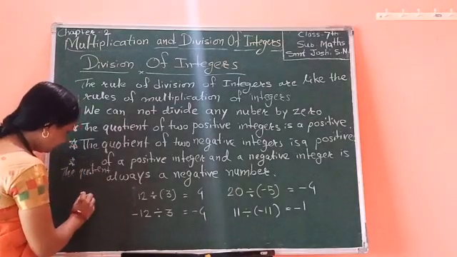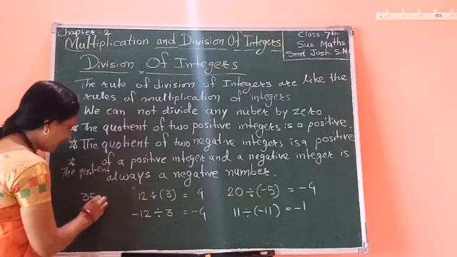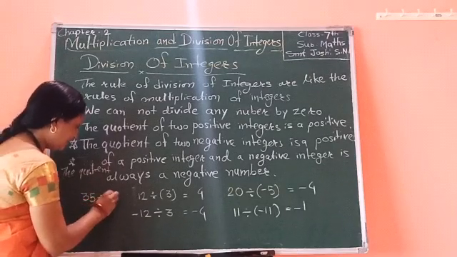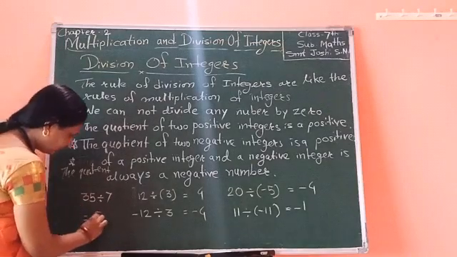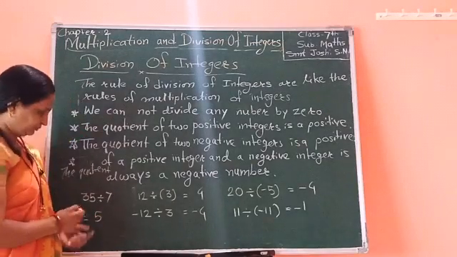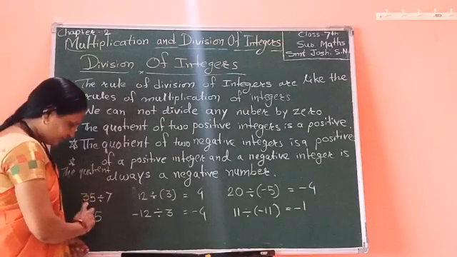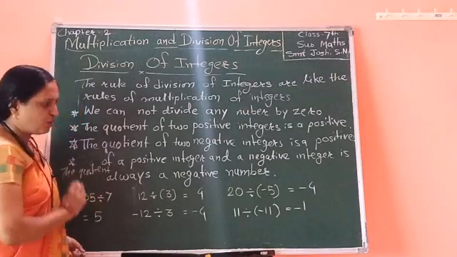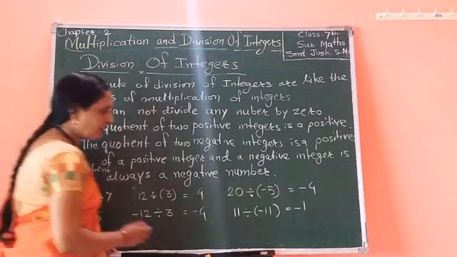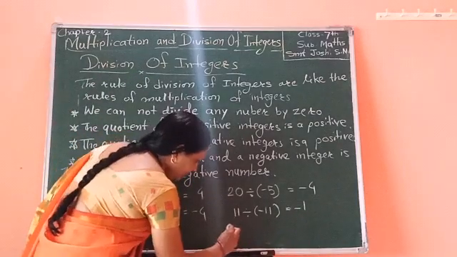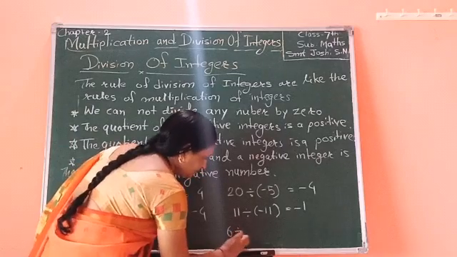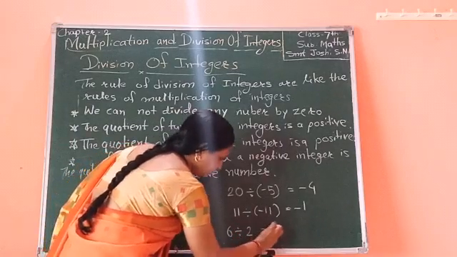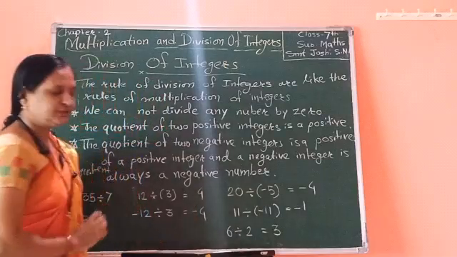Another example, 35 divided by 7. The answer is 5, because two numbers are positive. See, 6 divided by 2, the answer is 3.